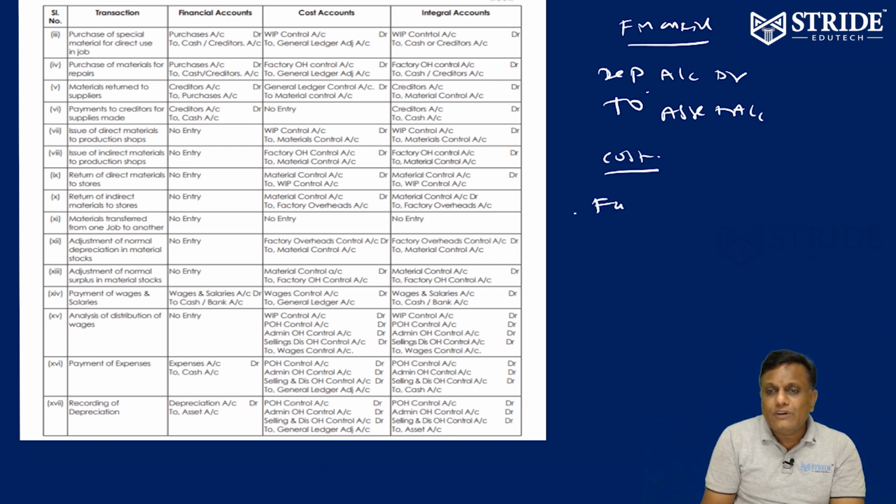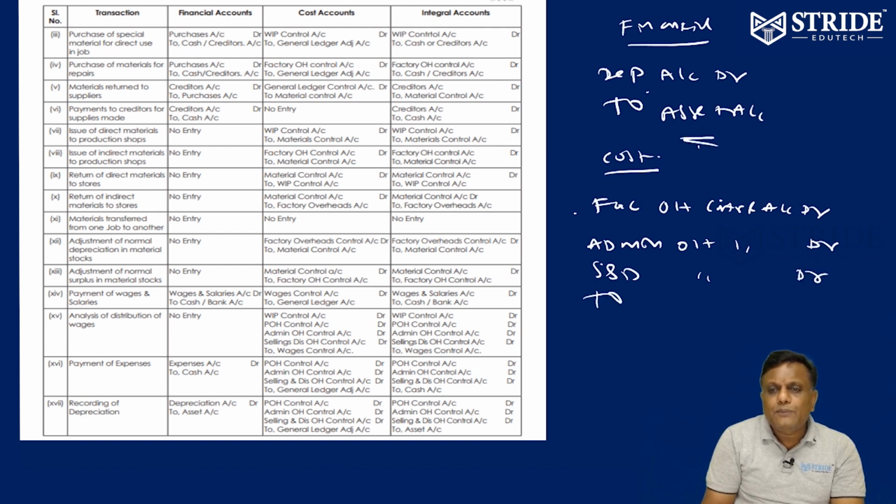Therefore, it should be transferred to the respective control account. So, suppose there is a machine in the factory, it should be transferred to the factory control account. Similarly, admin also has machinery, so admin control account debit. Similarly, selling and distribution also has machinery, so selling and distribution account debit.